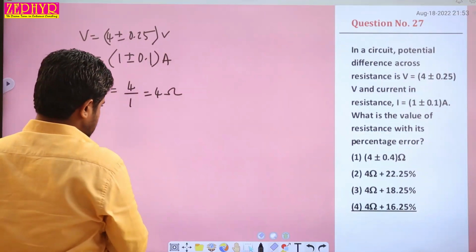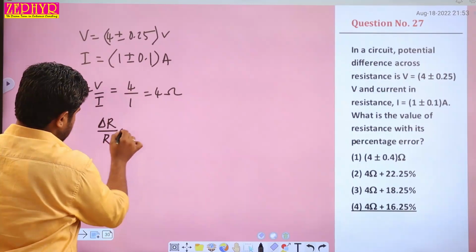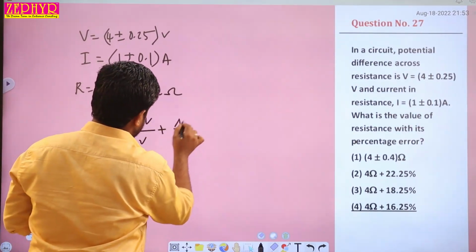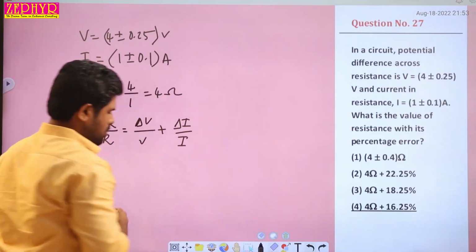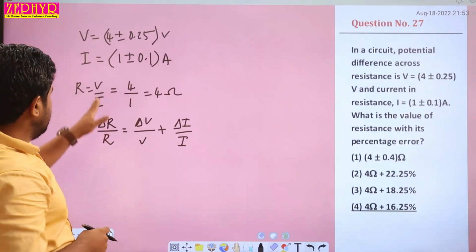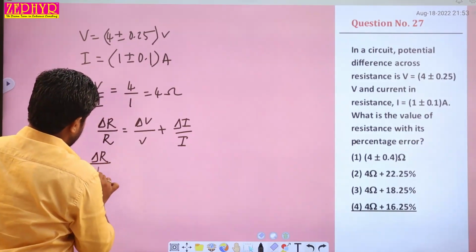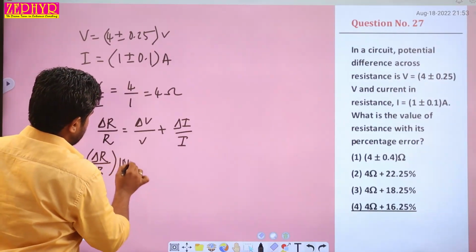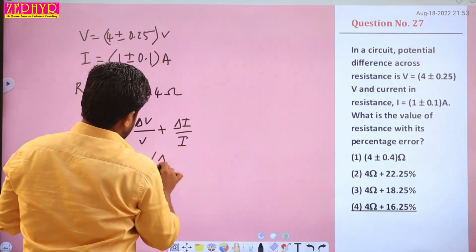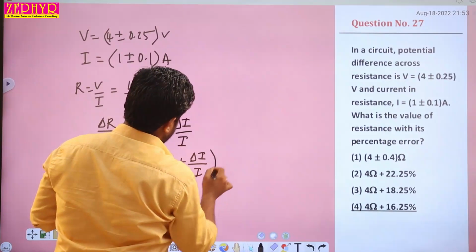To find the percentage error we use delta R divided by R equal to delta V divided by V plus delta I divided by I. This is the equation to find the relative error of the resistance. Then relative error into 100 is the percentage error. So it is delta V divided by V plus delta I divided by I, all into 100.